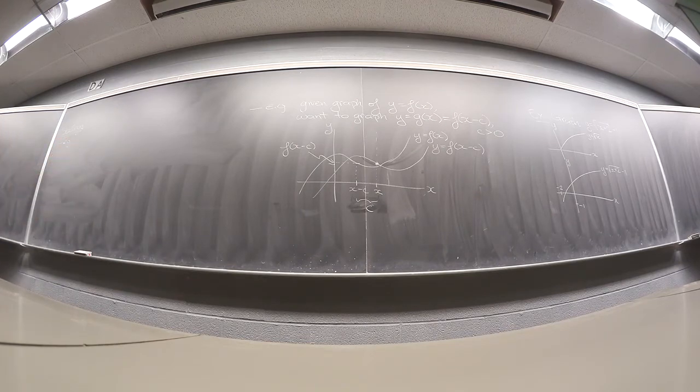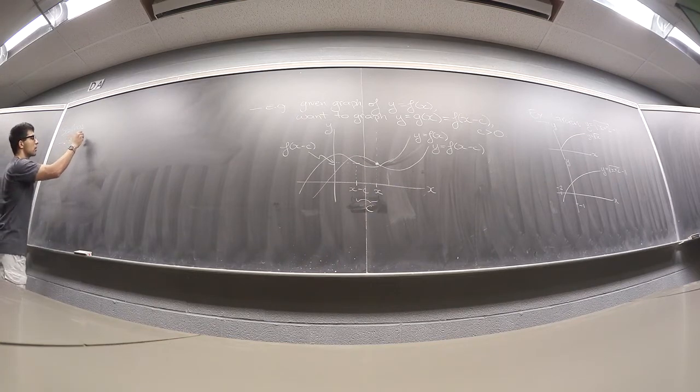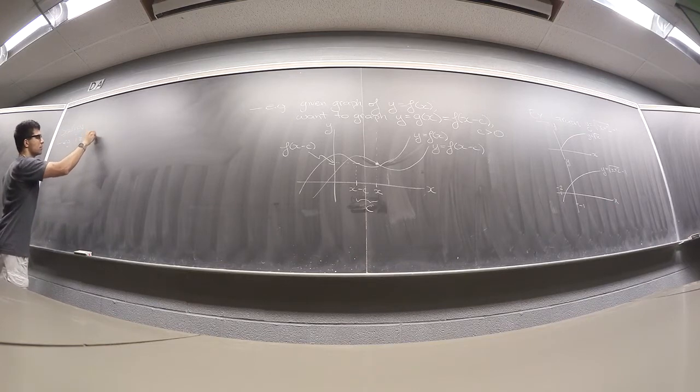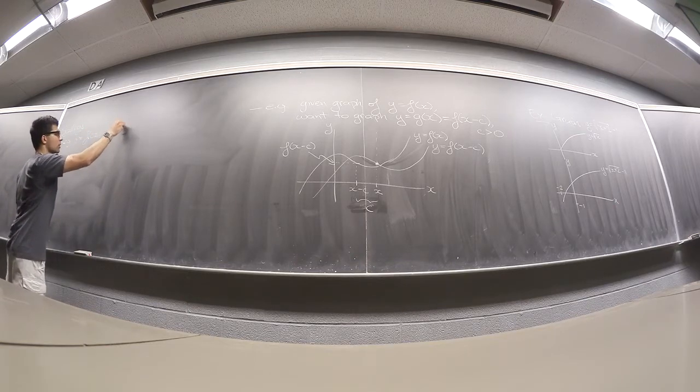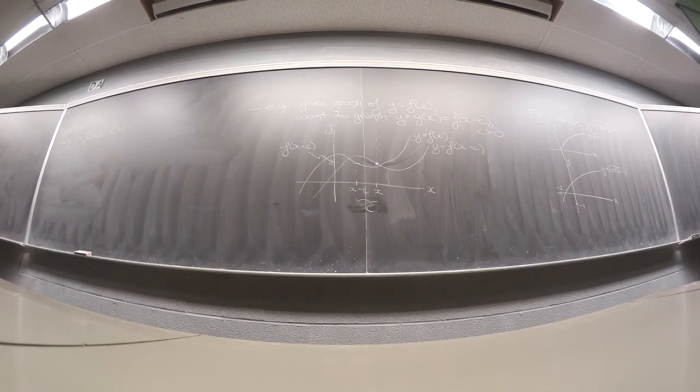Okay, again, given the graph of f, we want to graph f of cx, c greater than 1. Let's draw something manageable, like this. Okay, let's say that's the graph of f.